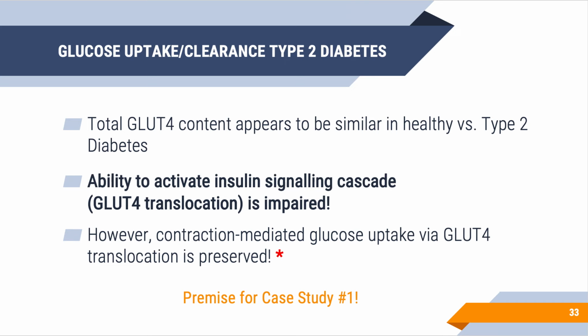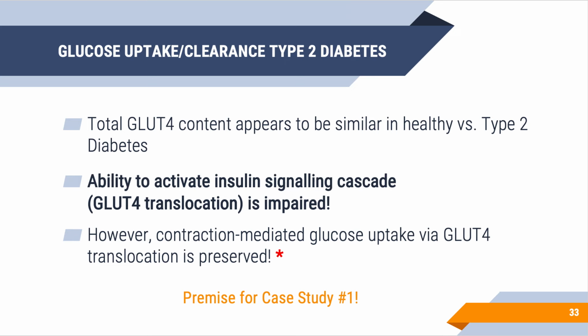So again, there's no difference in total GLUT4 content between healthy and type 2 diabetic rats. What we really see is a difference in the way that lean versus type 2 diabetic rats can activate the insulin signaling cascade. So basically, GLUT4 translocation is impaired in these animals. Their ability to respond to insulin is impaired, although their GLUT4 content remains the same.